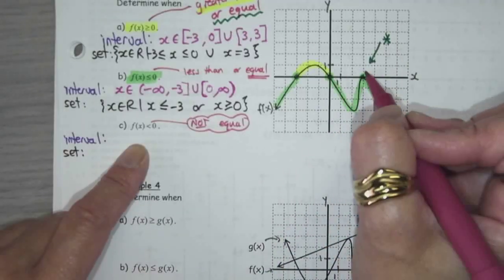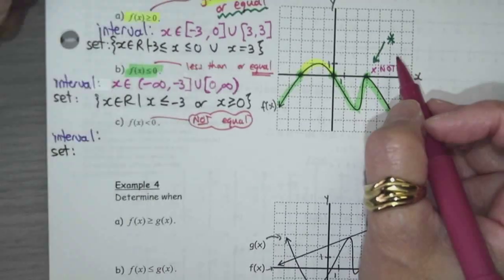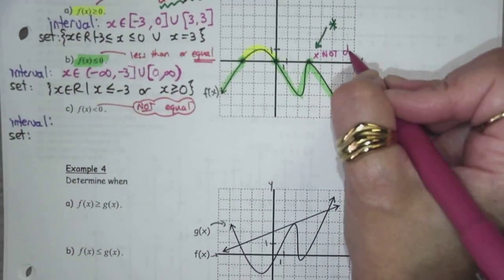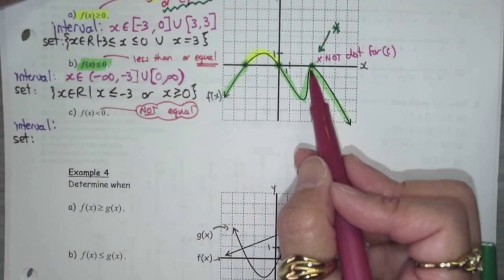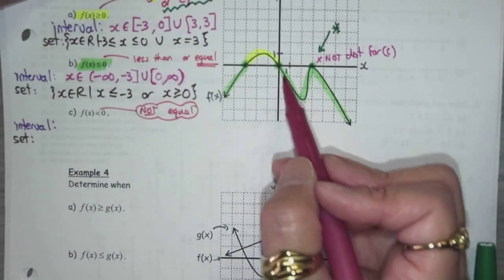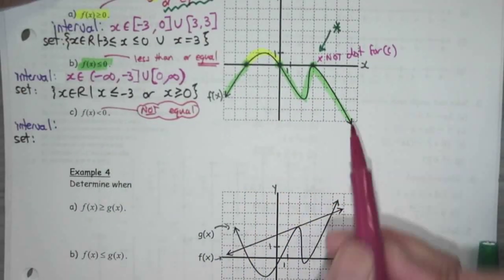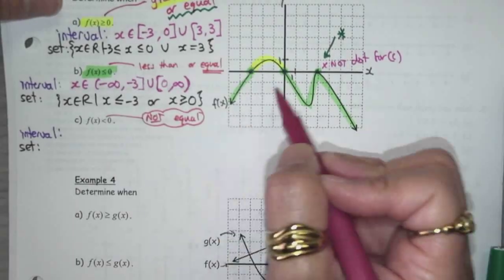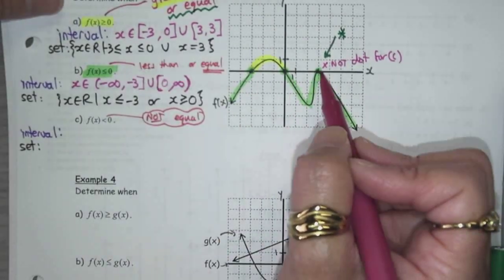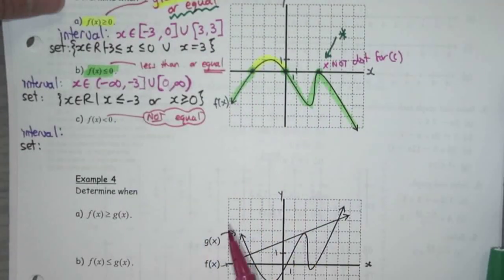So not the dot, right? Not the dot for C. Does that make sense? So it's going to have to go from here, don't touch the dot, and then keep going. So that means I'm going to have to break this up into 3 parts. Below, below, don't touch, and then below. So I'm going to do 1, 2, 3 answers there.